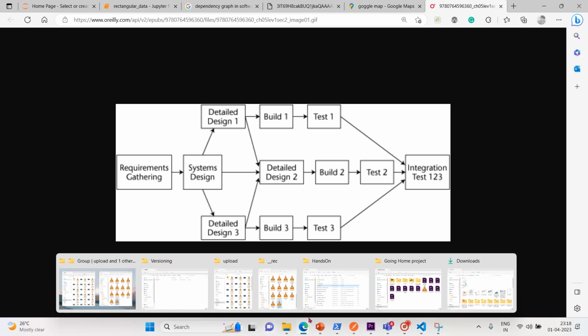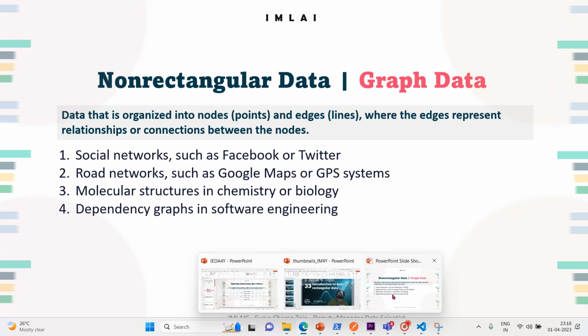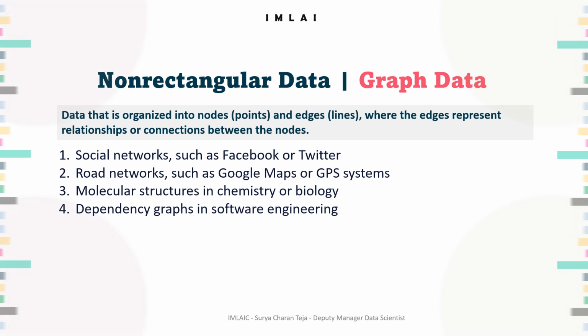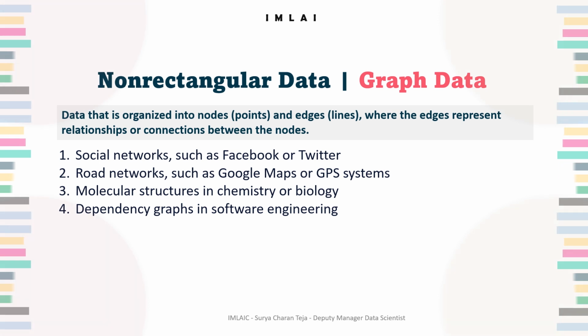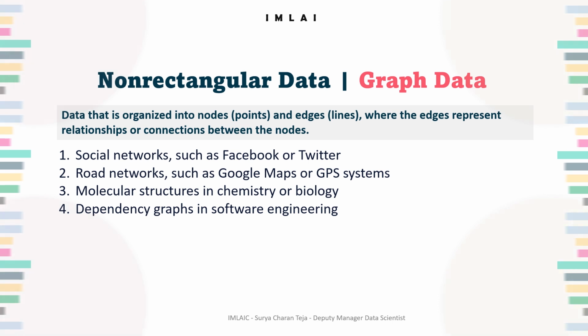These are the primary and most important examples of graph data. If you get a certain type of project on maybe Twitter or LinkedIn, obviously you will end up working with graph data and non-rectangular data. So how will you handle it? That's the reason I'm telling you: before you start working on a project, there is not just rectangular data, there are huge amounts of other types of data too.